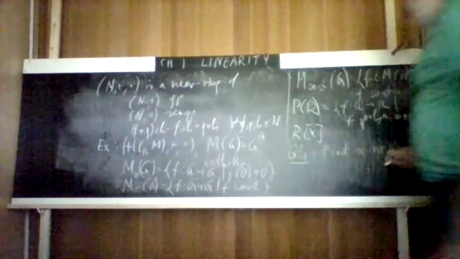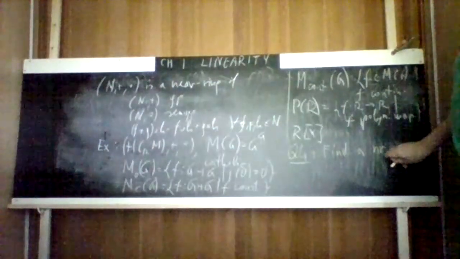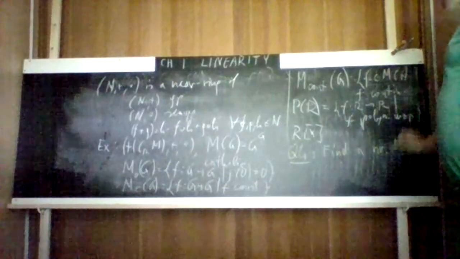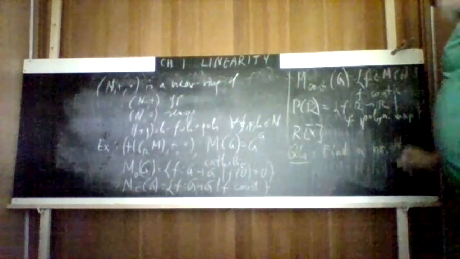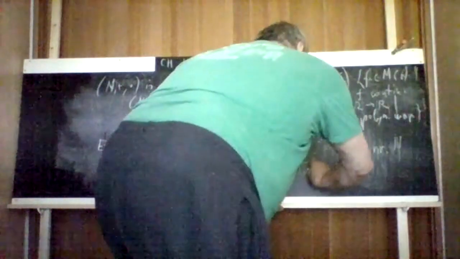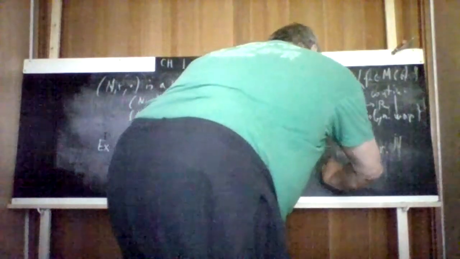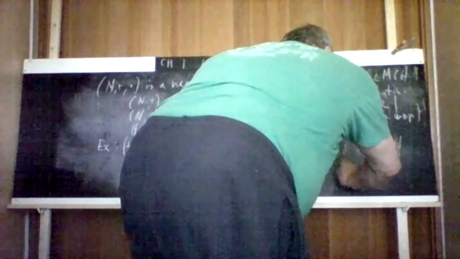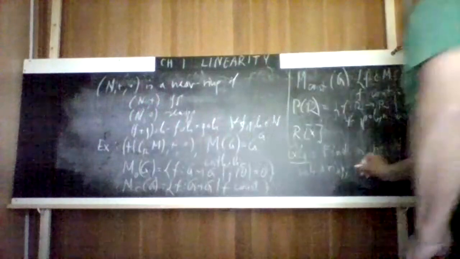I always abbreviate nearring by NR, nearring N, which is not a ring, but where both distributive laws hold.